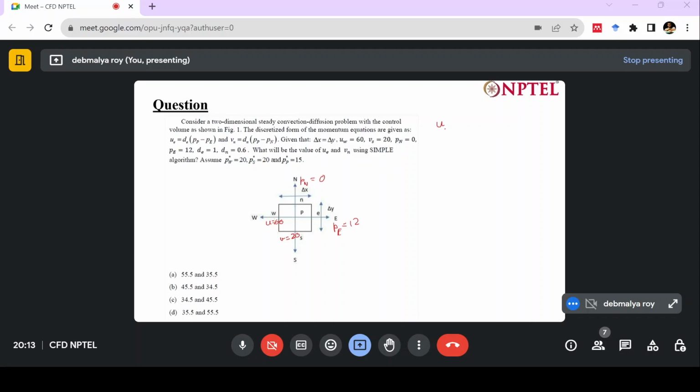So the equations are given: Ue is equal to De times (Pp minus Pe), and Vn is equal to Dn times (Pp minus Pn).